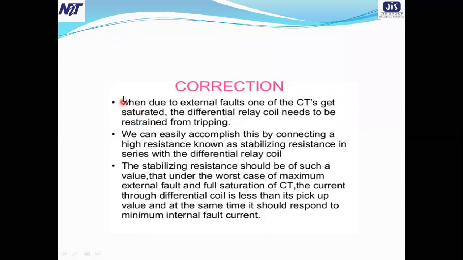Yes, so this is the correction method. Now in the second part, you can easily accomplish this by connecting a higher resistance, known as a stabilizing resistance, in series with the differential relay coil. So you have to know how the differential relay operates.